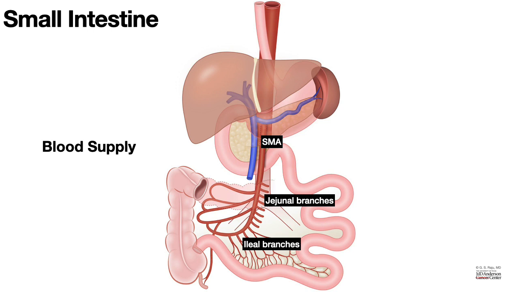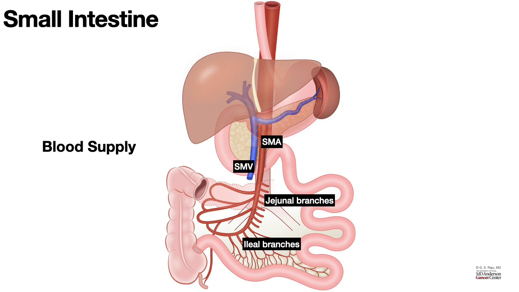The blood from the small intestine is drained back to the liver via the superior mesenteric vein, and then it joins the splenic vein to become the portal vein, and the portal vein empties its blood into the liver. A portion of the duodenum is supplied by branches from the celiac trunk as well.